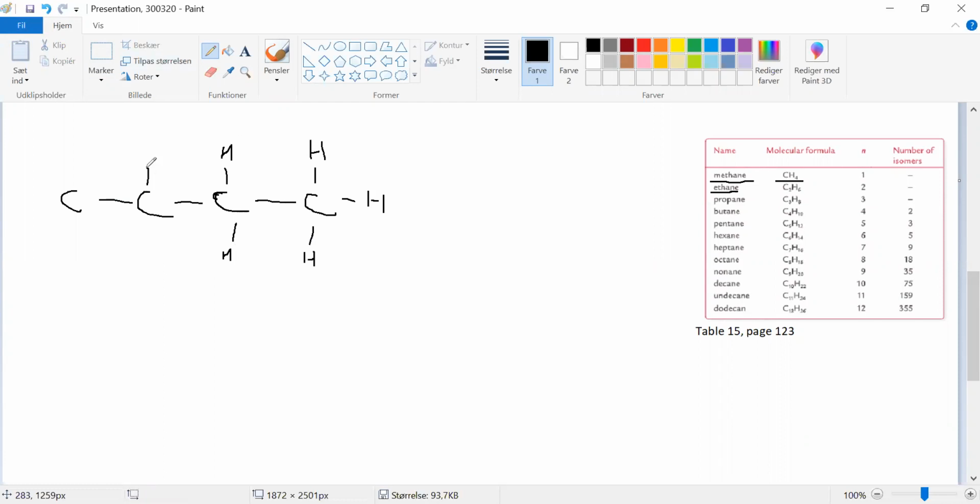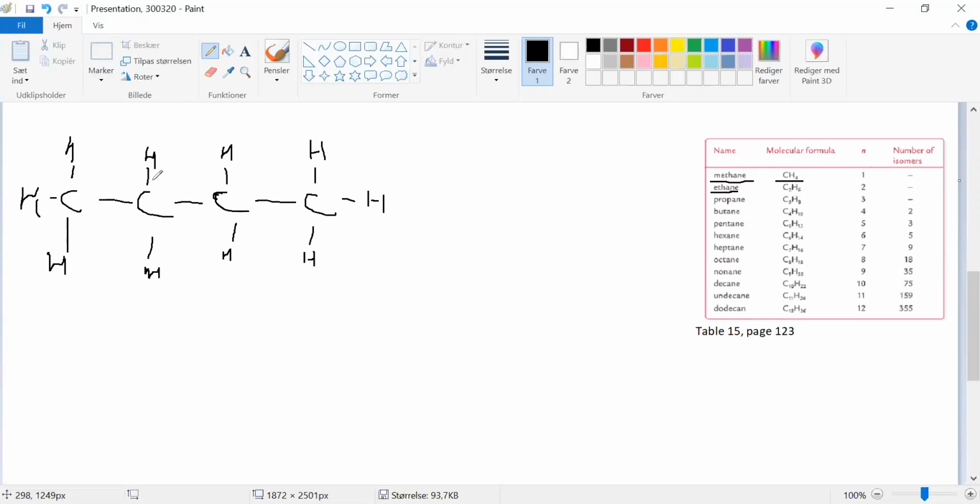So these doodles here will be hydrogens, hydrogen, hydrogen, hydrogen, and hydrogen. So now we can actually name this molecule just based on that table there on the right. And the strategy for naming these alkanes is that you count how many carbons are there in the longest chain.